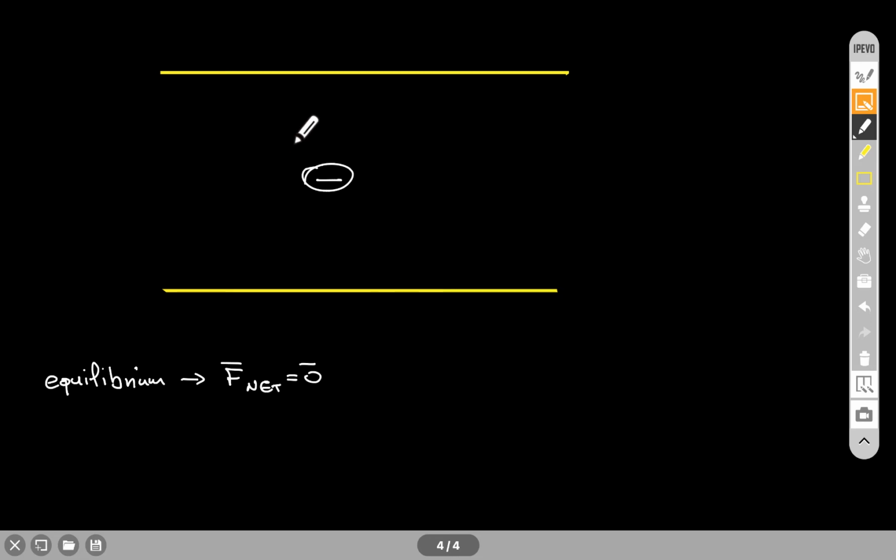Now, if I take my system to be a mobile electron, so what I have here, this is a mobile electron, and this is just present inside a wire, inside a conductor.